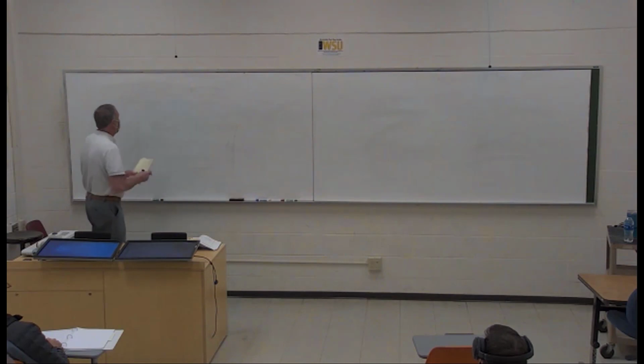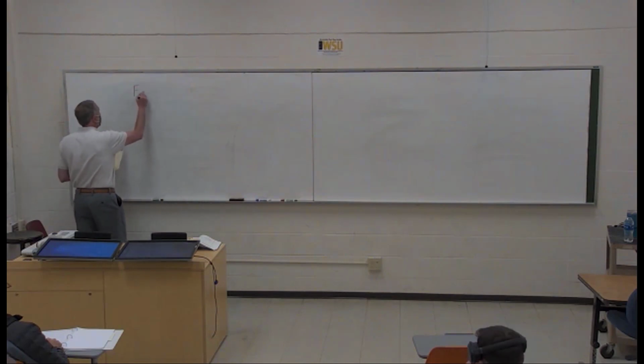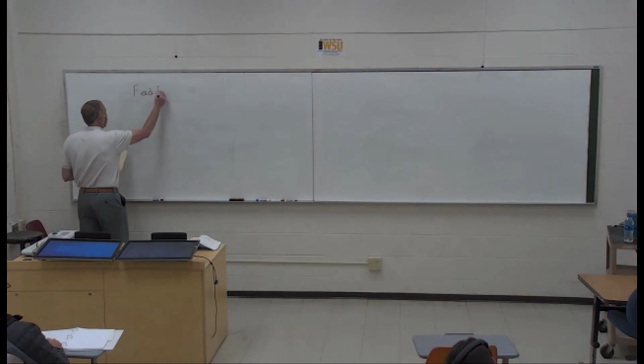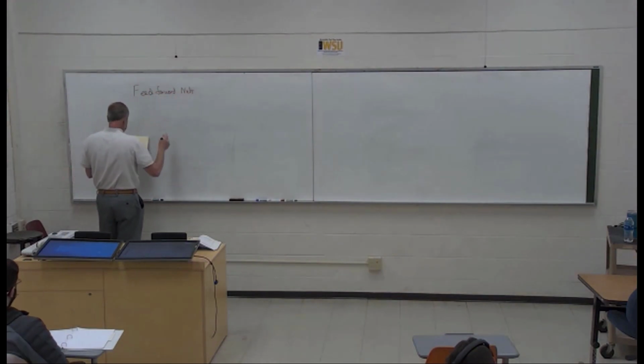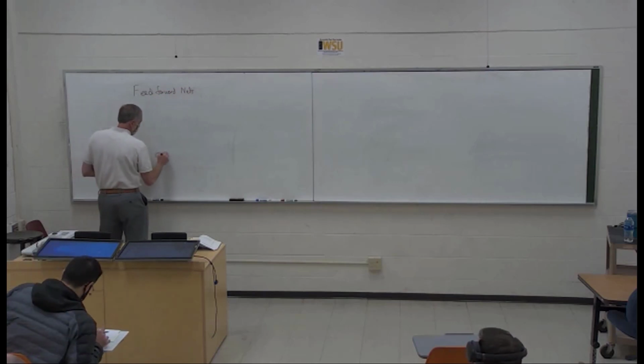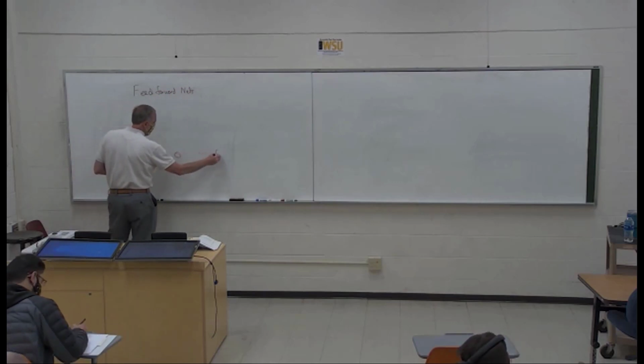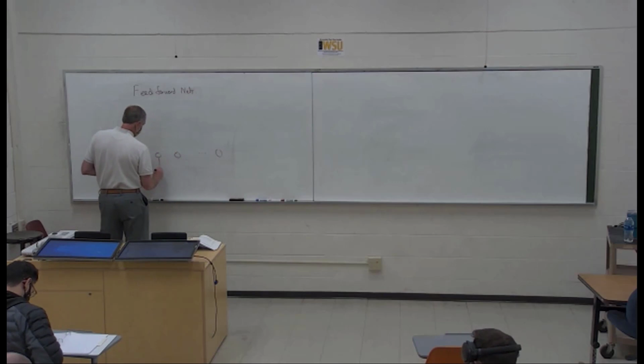All right, so we've been talking about feed forward networks, which the way we've drawn them is that the input comes into the bottom, or you can draw them in whatever direction you want.